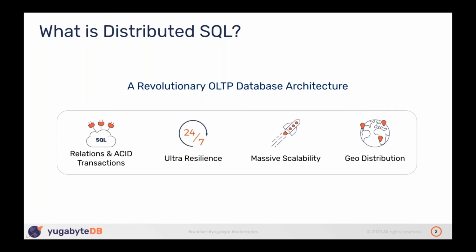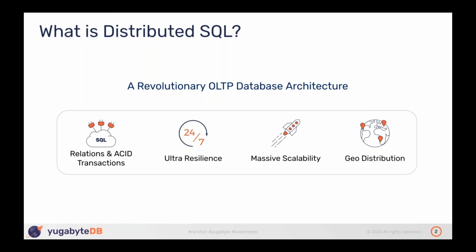So what is distributed SQL and why is it exciting? Distributed SQL is a revolutionary OLTP database architecture. And why do we consider it to be revolutionary? Let's take it to the next level. First of all, it is SQL, so you can model relations and you can do all the same ACID transactional constructs like begin transaction, read and update multiple rows of multiple different tables, and then commit the transaction.